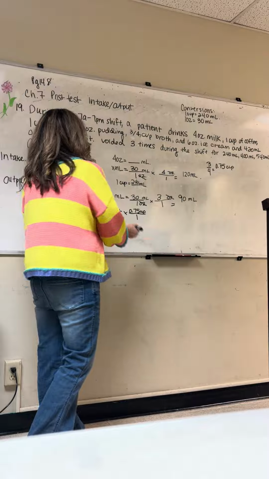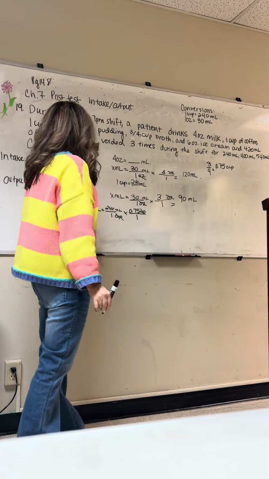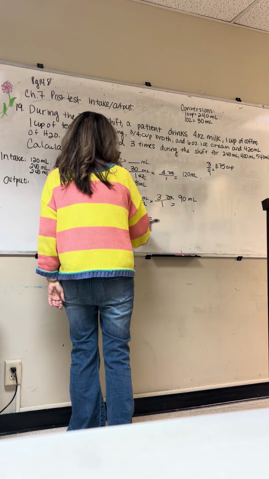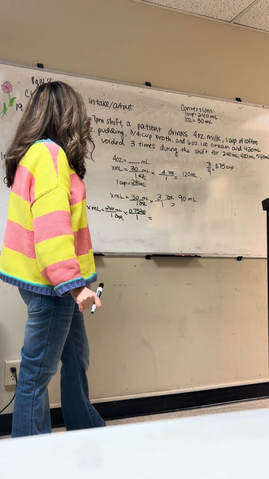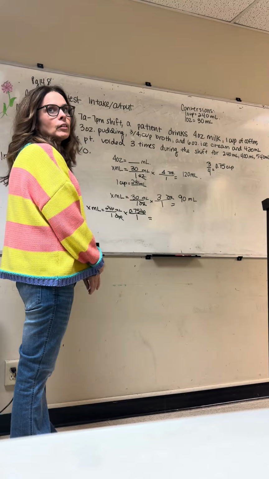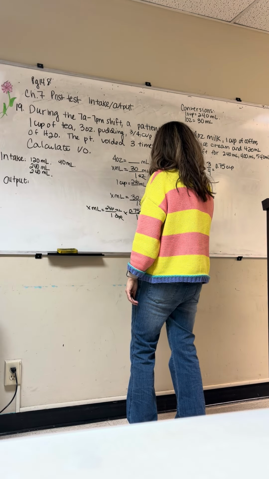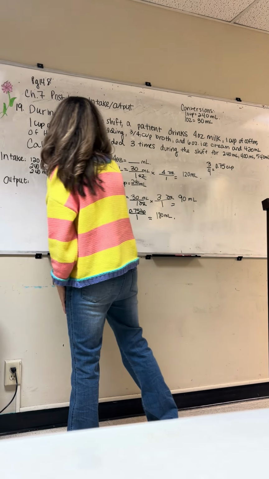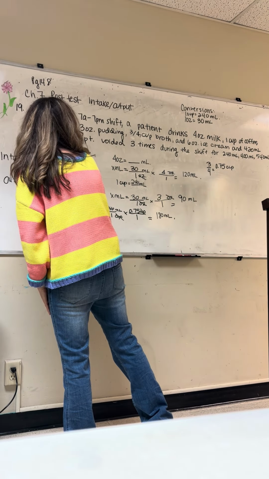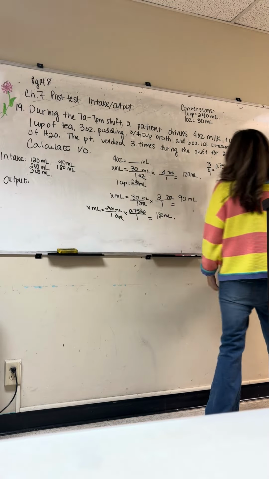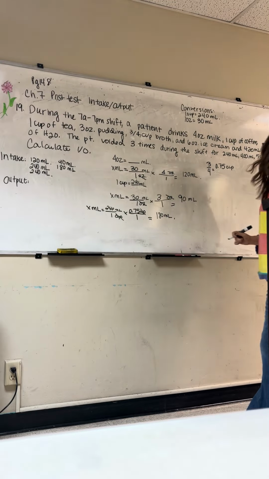We already know. So what is 240 times 0.75? 180. And then we have milliliters. Oh, that's nice to add milliliters here.